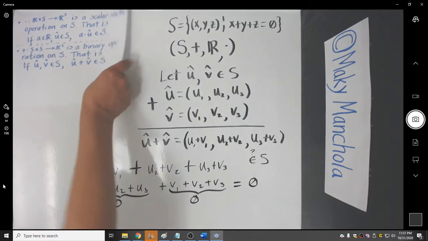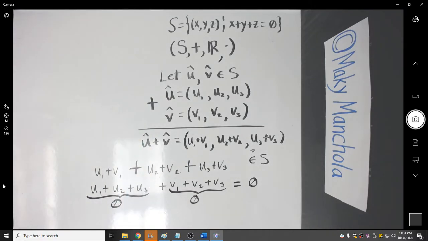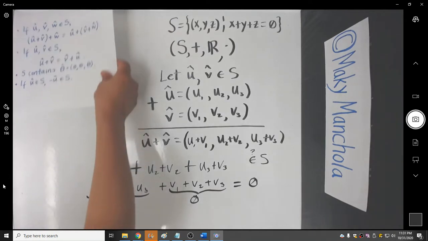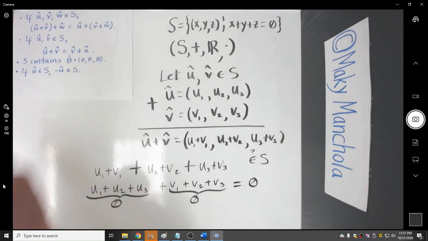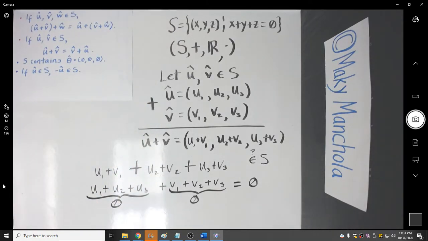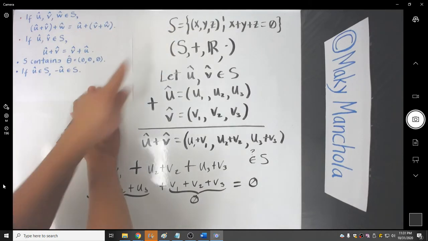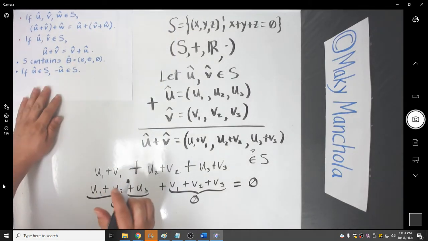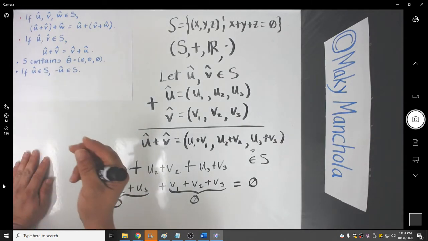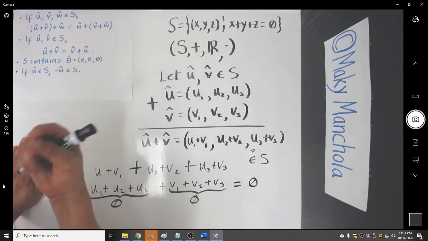Okay, now next set of properties we want to establish are the associative property and the commutative property. Now let's observe the following. If I picked elements that belong to this set S, since S is a subset of R3, then I just picked elements that are in R3.